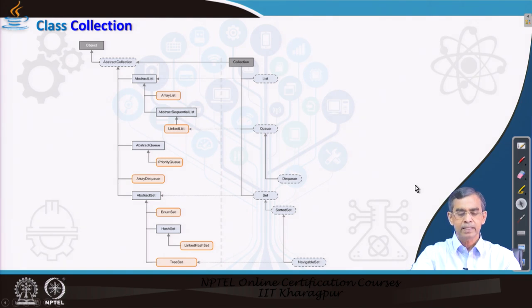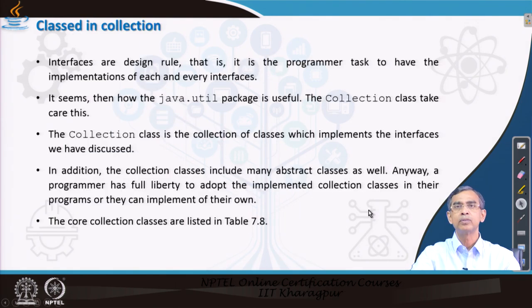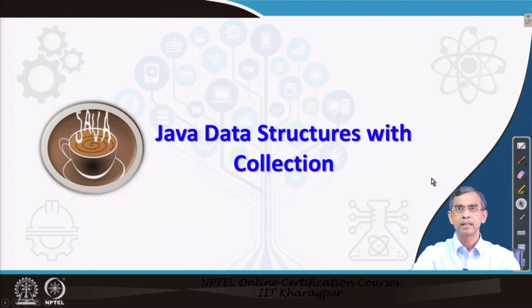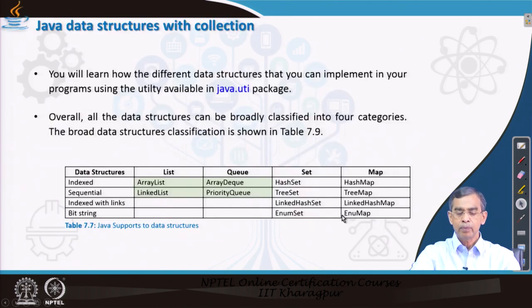There are many collection classes, so I can keep those on hold right now; we will not discuss them at the moment. Overall, the different data structures are suitable for different storing and retrieving needs.